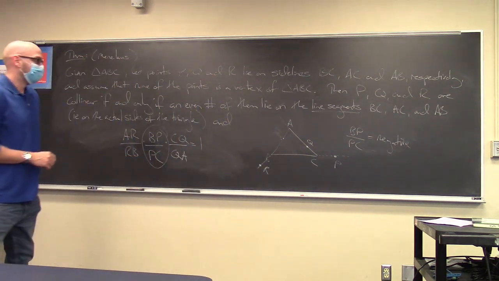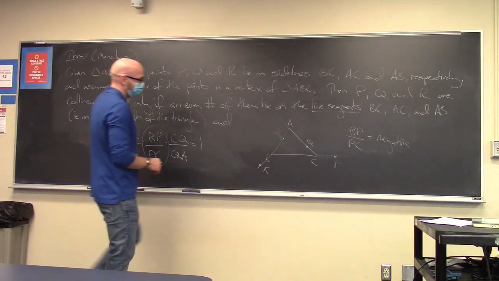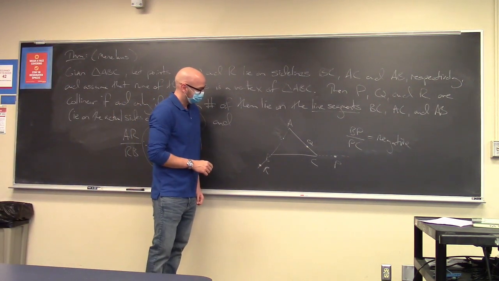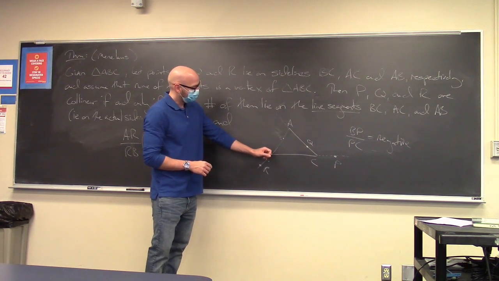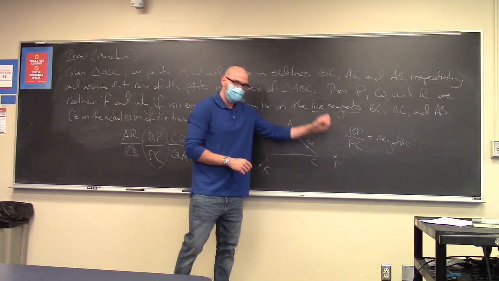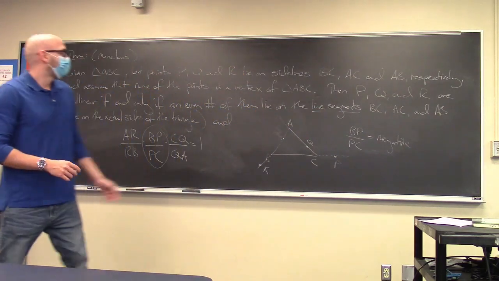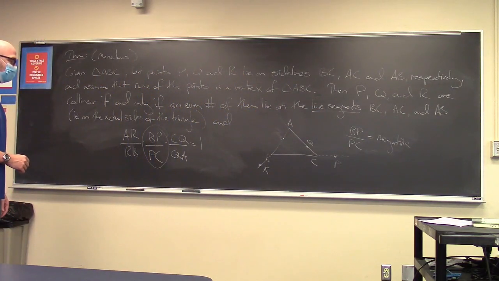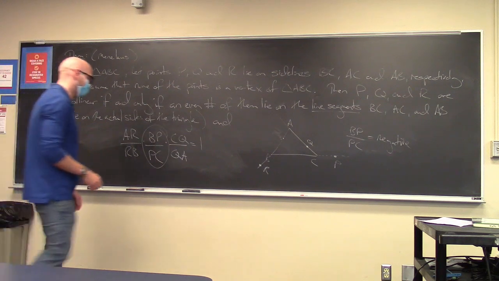And if you have an odd number of interior Cevians, then you've got a negative times a negative, and it'll always be positive. Again, I think I'm just losing IQ points standing at the board.